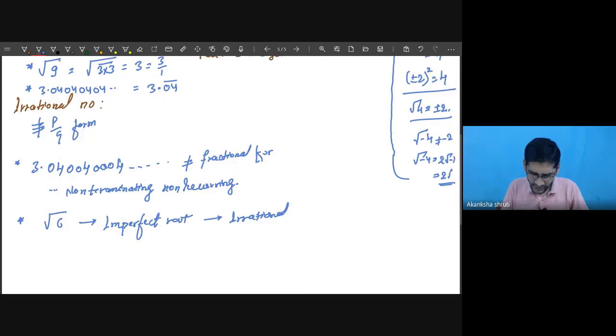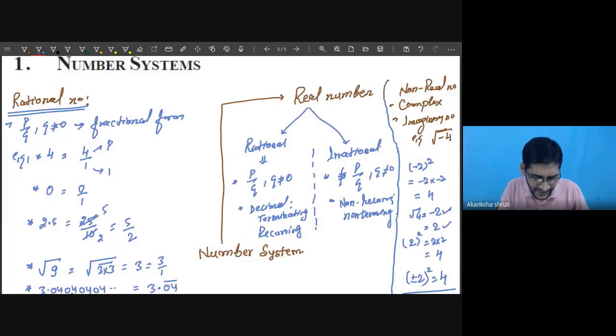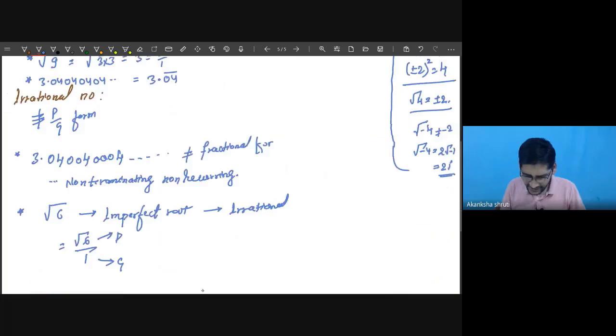But many a time students think that I can write this root 6 as root 6 by 1, where this is P and this is Q. Can we write this? Students, in our definition, a rational number can be written in P by Q form, where both P and Q should be integers. Getting it now? But under root 6 is not an integer.